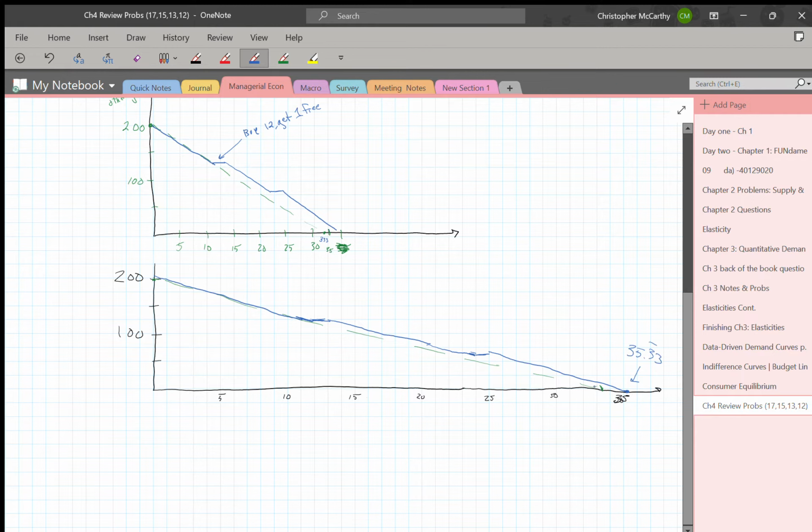Why should it be 35.33? Well, my initial intercept was 33.33, and you've gotten 2 free dozens of bagels. So this is the budget line, my blue budget line for the frequent buyer program.